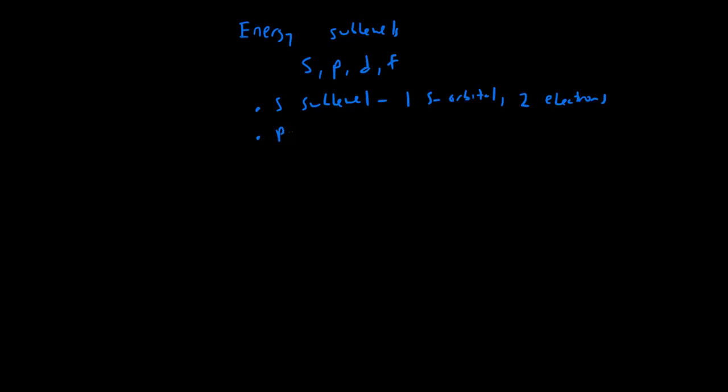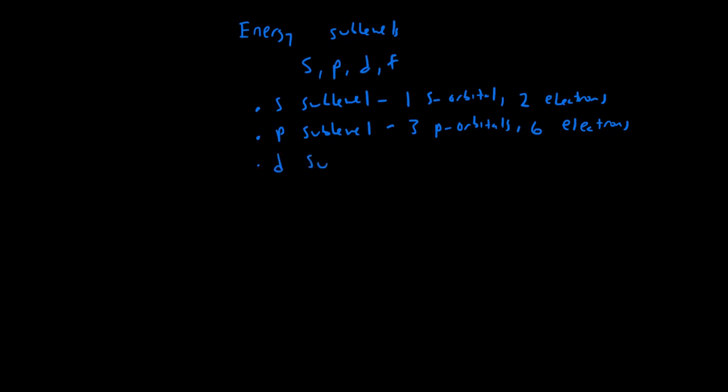In the p sublevel, there's 3 p orbitals, and so there's 6 electrons, because 3 times 2 electrons per orbital is 6.